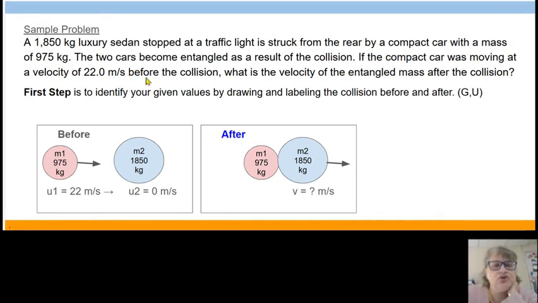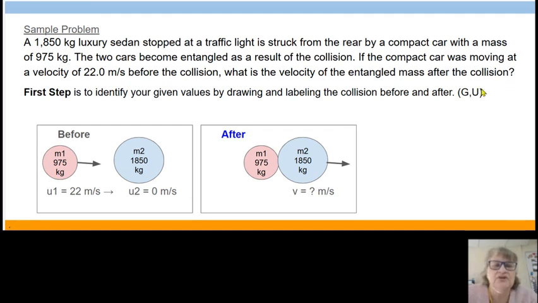The two cars become entangled. That means that they stick together as a result of the collision. If the compact car was moving at a velocity of 22 meters per second before the collision, what is the velocity of the entangled mass after the collision?